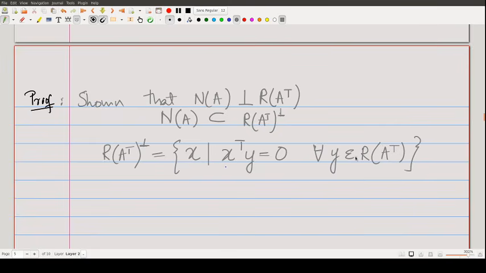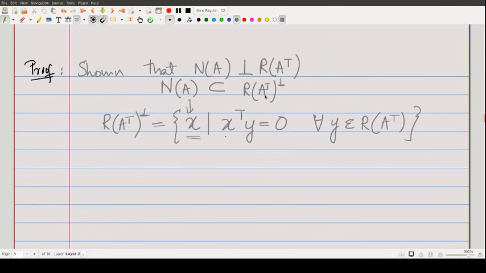So whatever vector you have, the collection of these orthogonal complements will contain all possible orthogonal vectors. If the null space is orthogonal to it, then all the vectors in the null space are of this form, so all of them will automatically be in this space. So it's going to be a subspace of the complement.